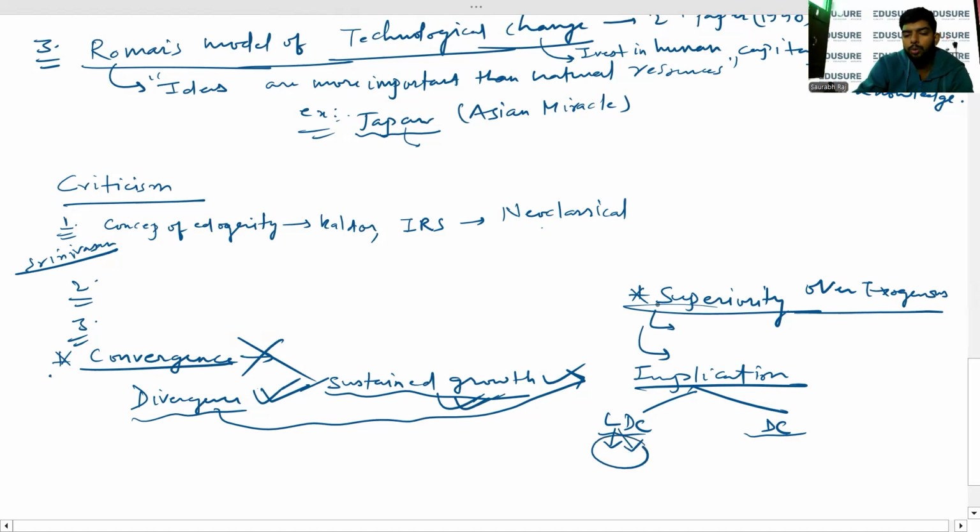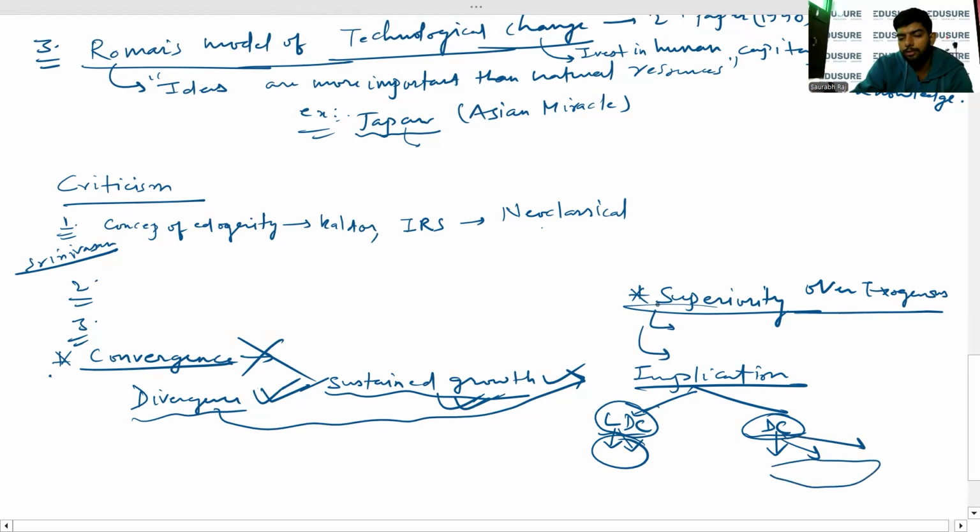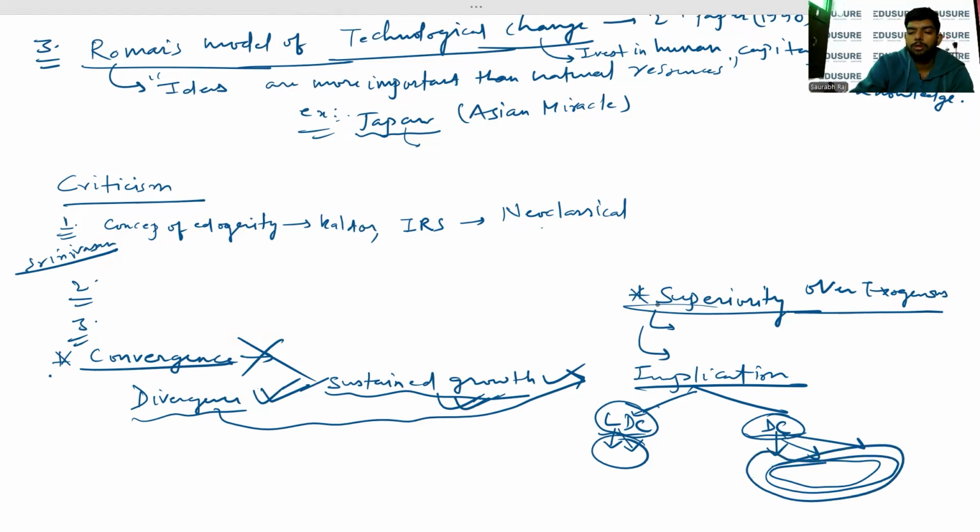So these are the 2 points which basically imply for the lower developing countries in the endogenous growth model. And for developed countries, they have talked about investment in R&D. There is no convergence. There is contribution to growth. So these are the things which are very much aligning with the development process in the developed economy.